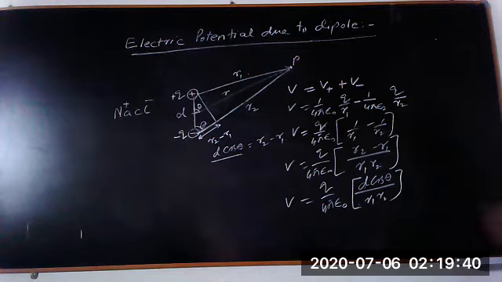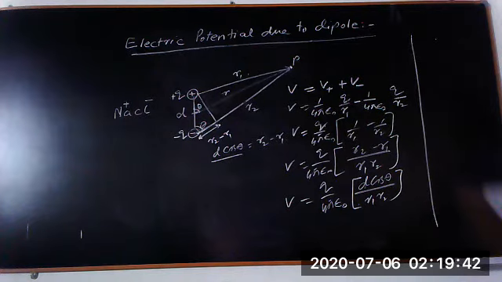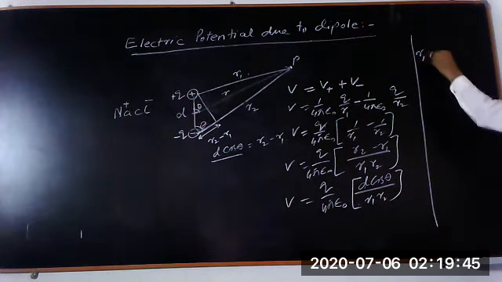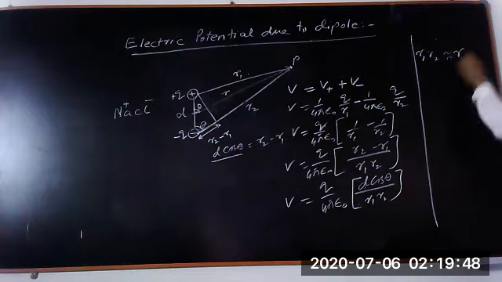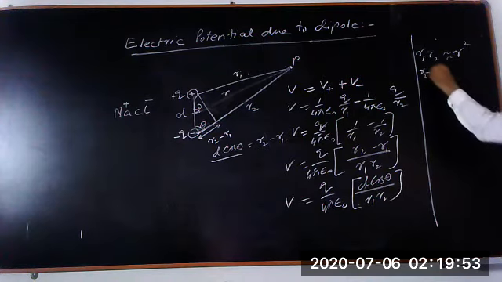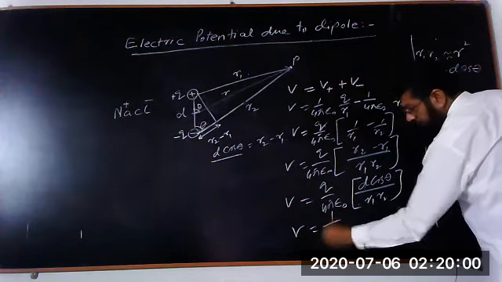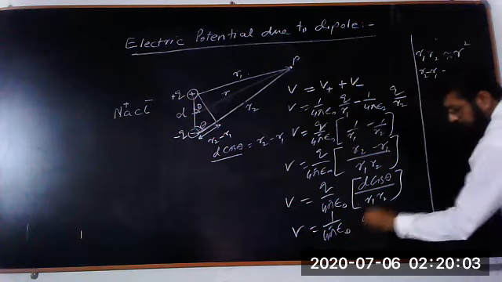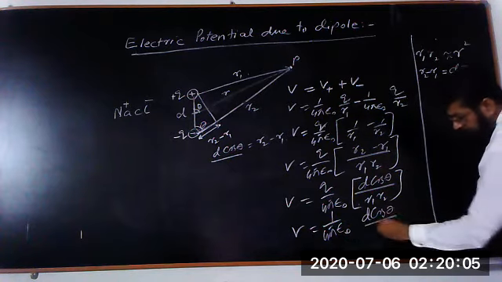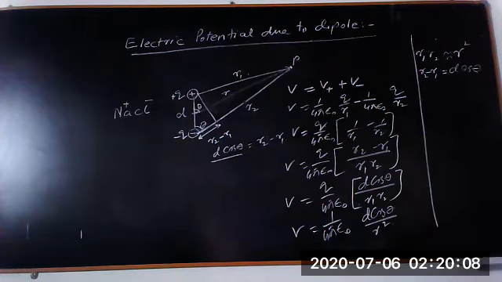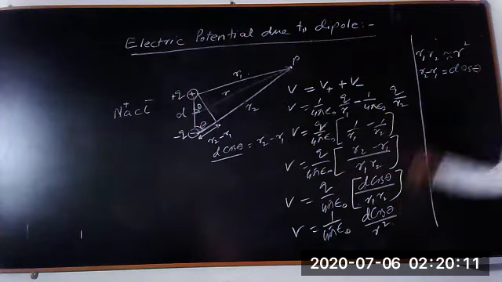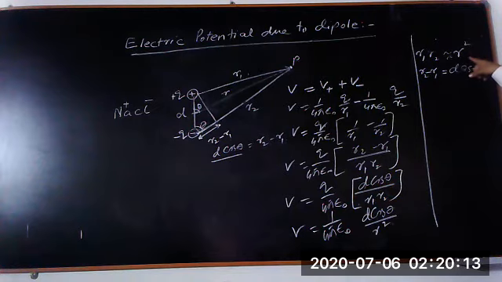So here we have seen that R1 into R2 is approximately equal to R square, and R2 minus R1 is equal to d cos theta. Therefore V is equal to 1 upon 4 pi epsilon naught d cos theta upon R square, because R1 and R2 are approximately equal to R, and the product gives you R square.